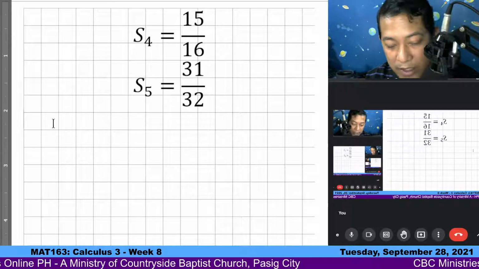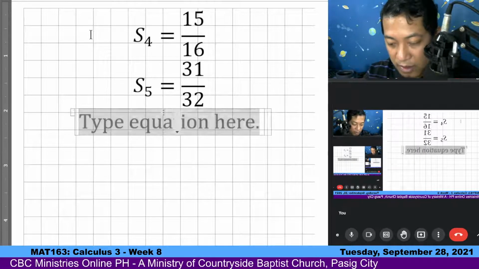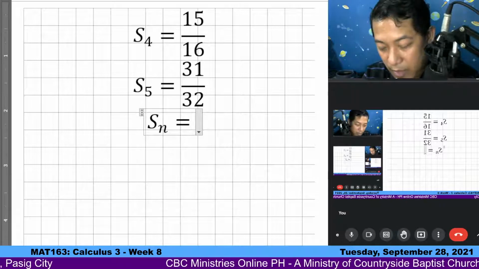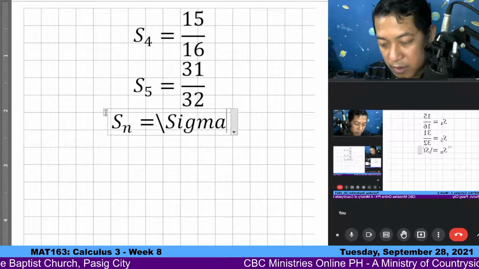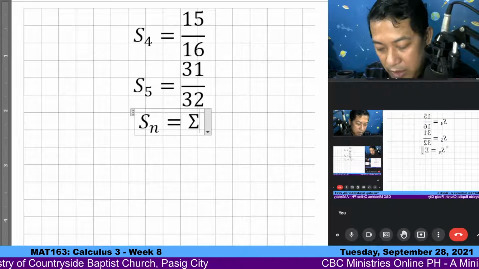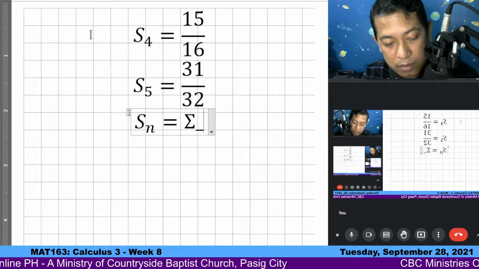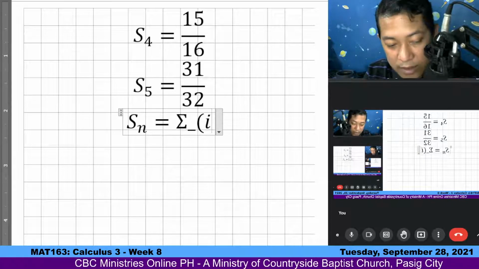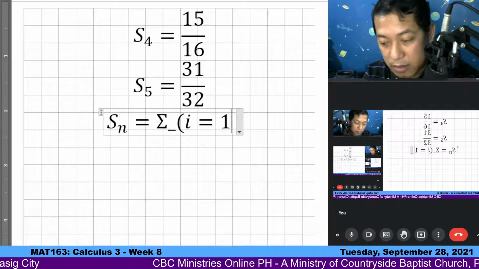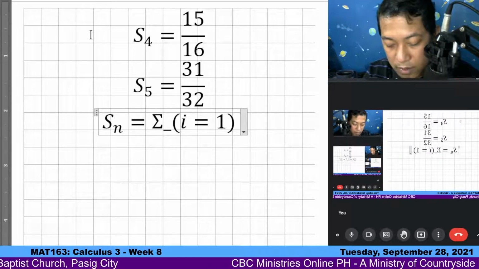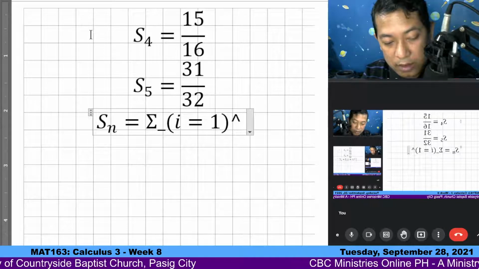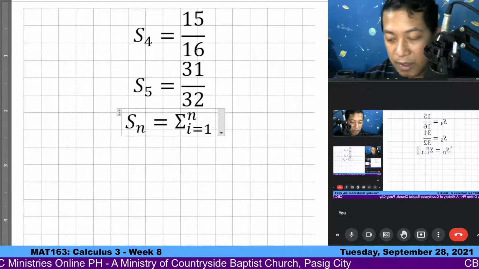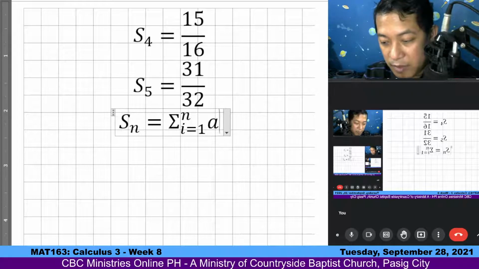If I define the sum again, S sub n would be equal to the summation, with i equal to 1 as the first term, up to n, of A sub i.